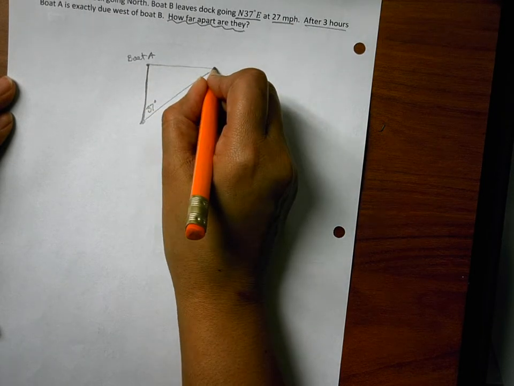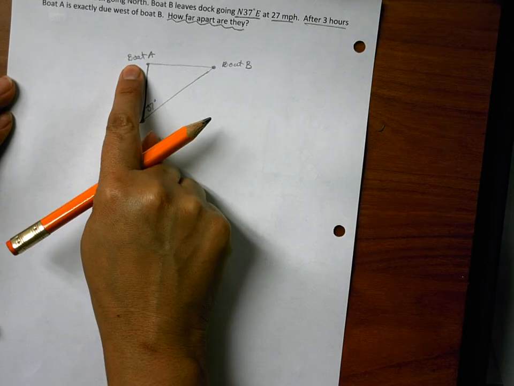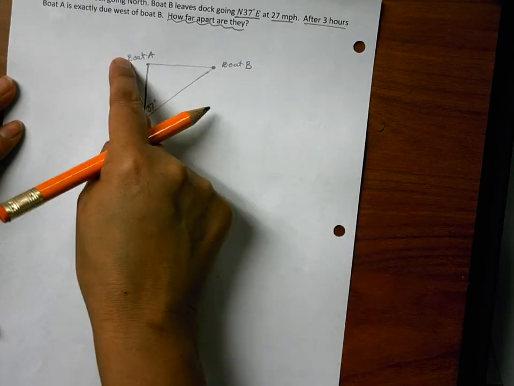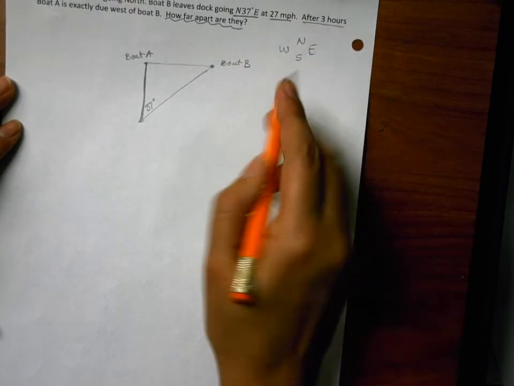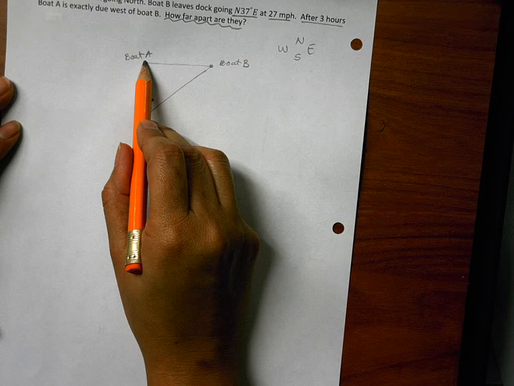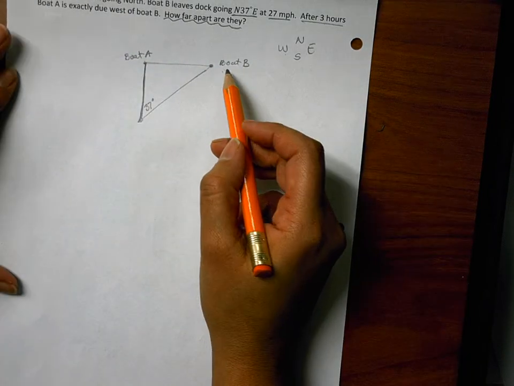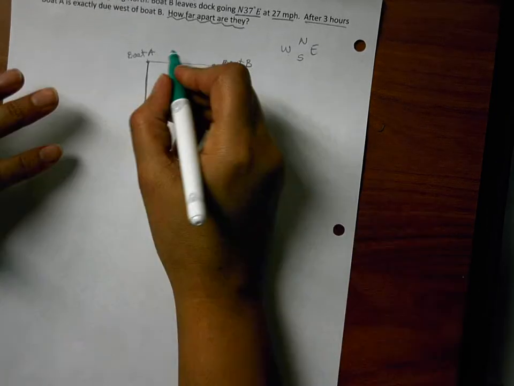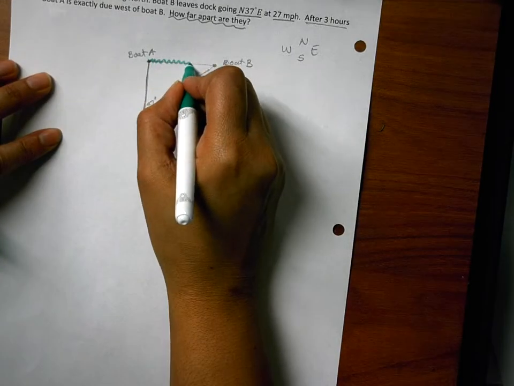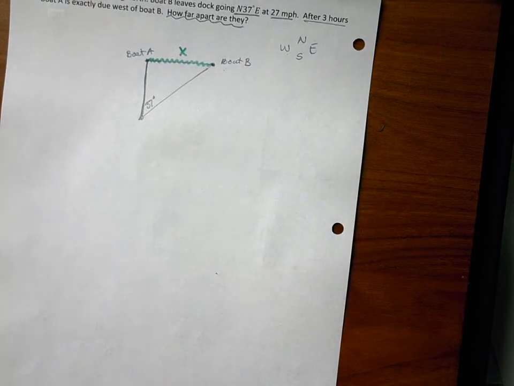Okay, after 3 hours, boat A is exactly due west of boat B. So that means there is a horizontal line here. Boat A is exactly due west of boat B. How far apart are they?